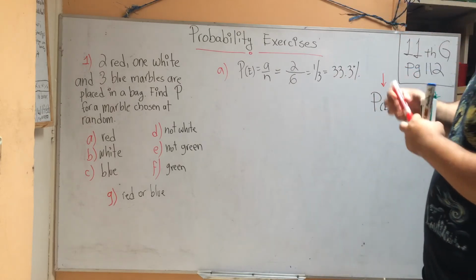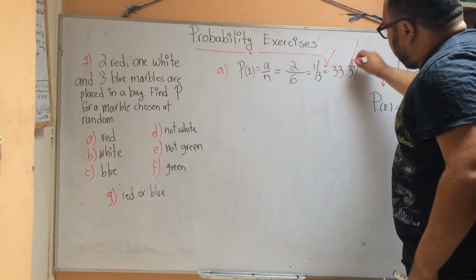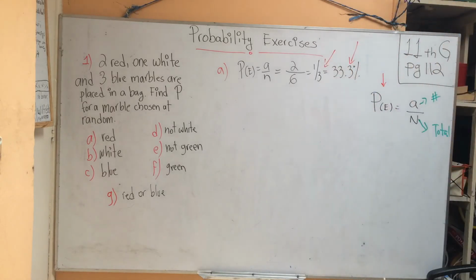So we have the answer in 2 different methods. We have it in a fraction, which would be 1 out of 3, and a percentage, which would be 33.3. So this is the probability of getting a red marble out of 1 bag with 6 marbles in total.